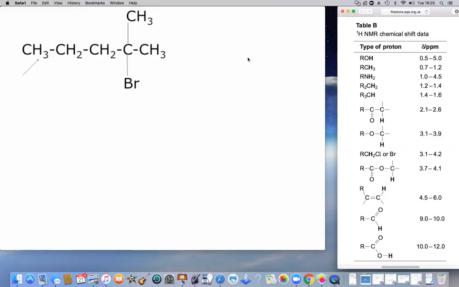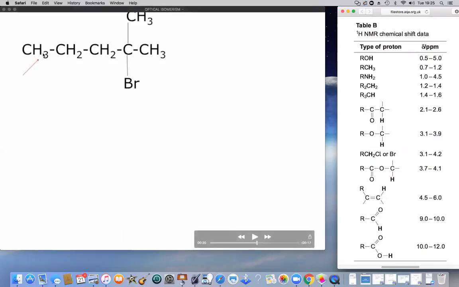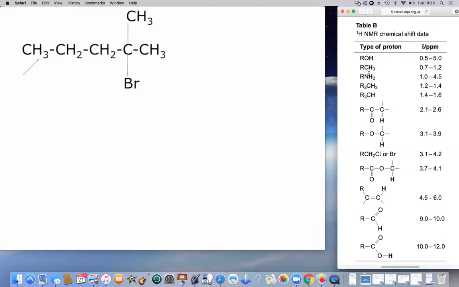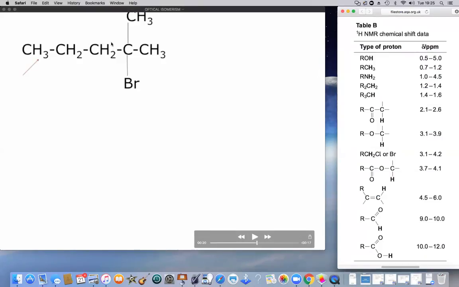If we look at these protons here on the left-hand side, 3 protons connected to a carbon, which is connected to CH2. If you look to the right-hand side, we have a CH3 group connected to R. R in this case can be CH2, that's absolutely fine.